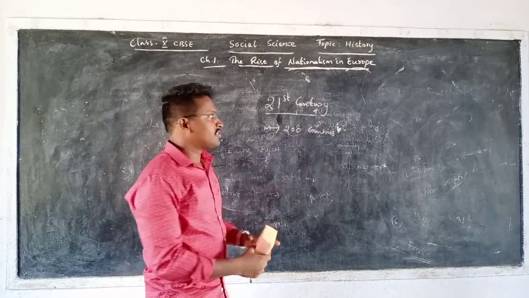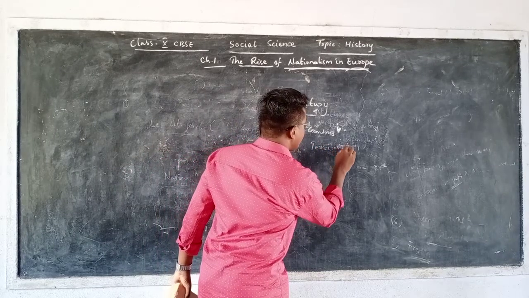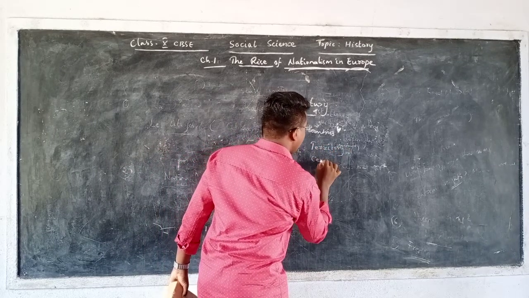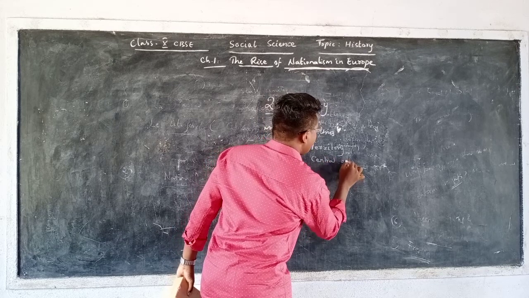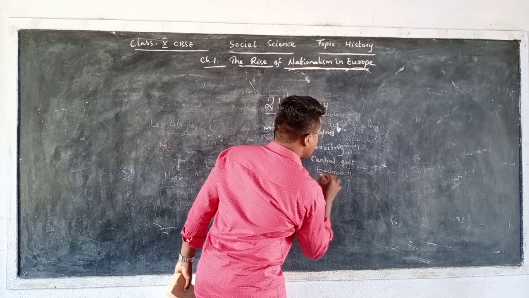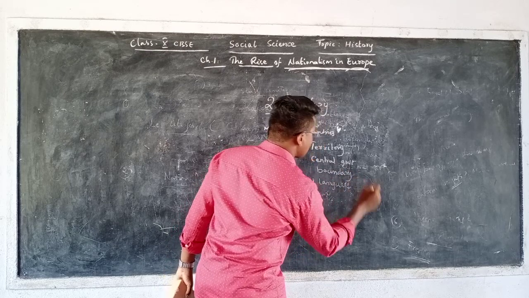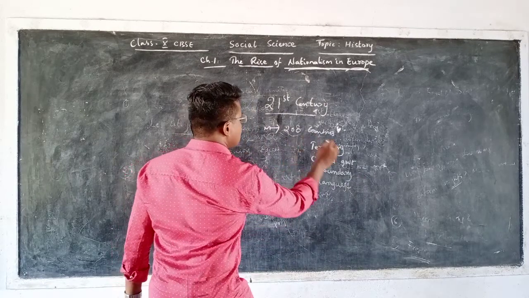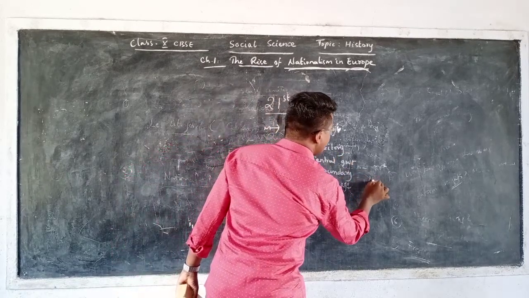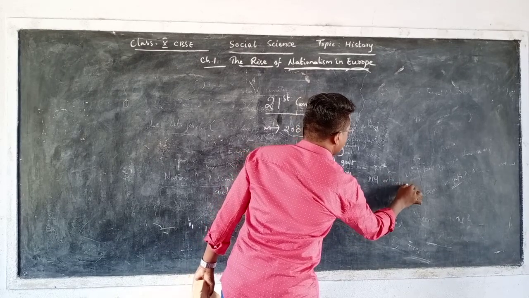For example, each country has a defined territory, a central government, a boundary, a language, and most often these countries are ruled by either a prime minister or a president.